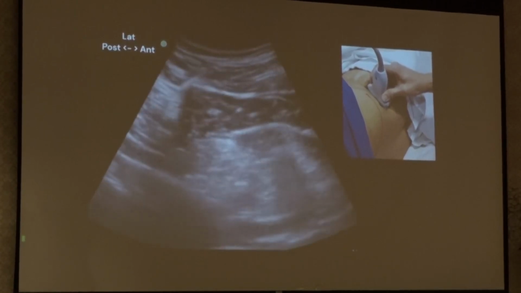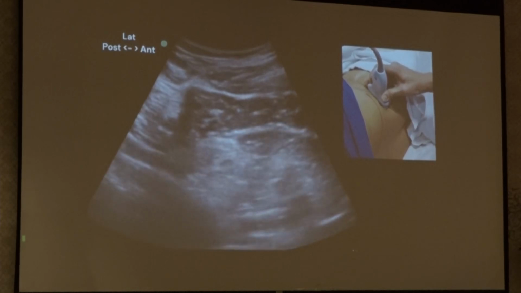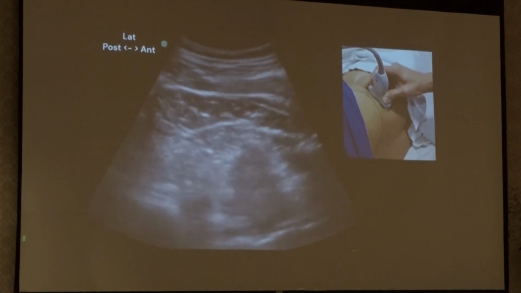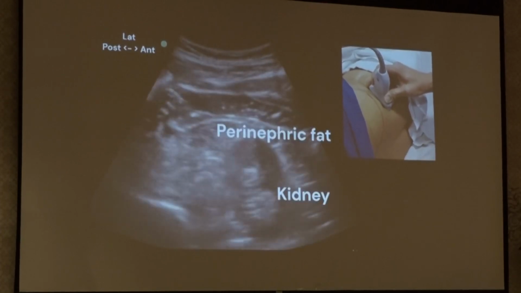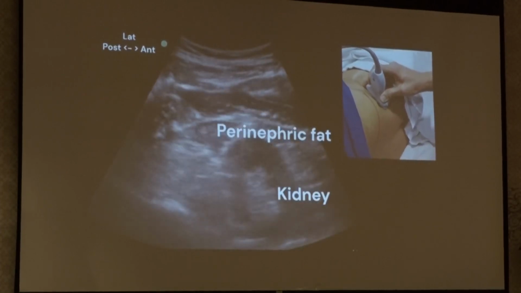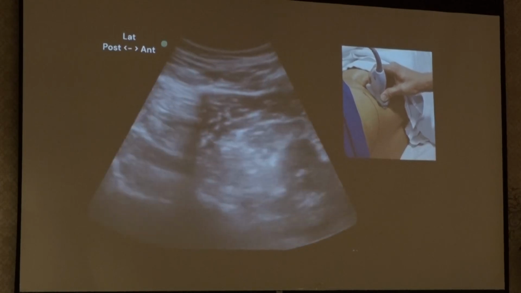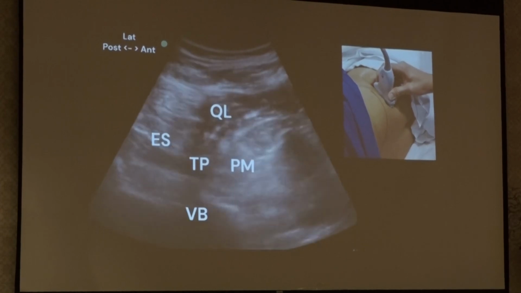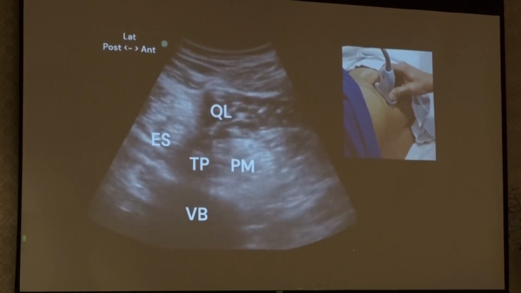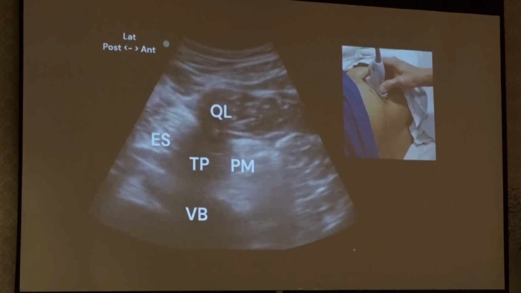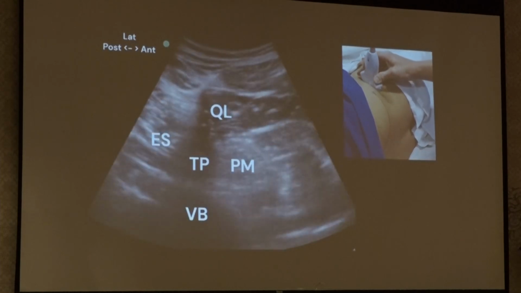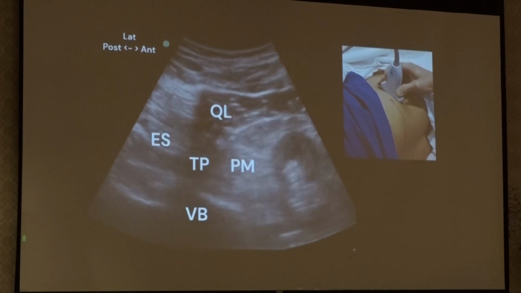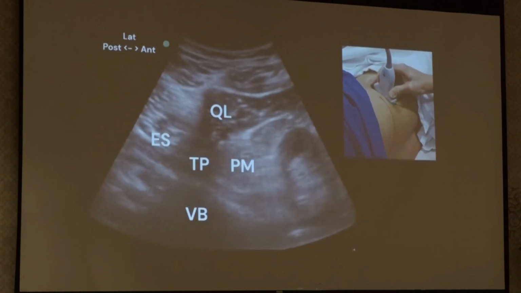Then as I slide to the back, I also need to highlight the intra-abdominal structures like the perinephric fat and the kidney. As I slide my probe posteriorly, you notice the vertebral body and the transverse process. Above the transverse process is the quadratus lumborum muscle. Anterior to the transverse process is the psoas muscle. Posterior to the transverse process is the erector spinae muscle. Okay?